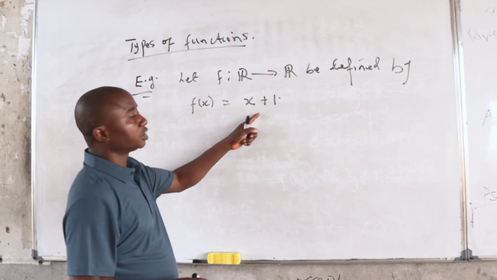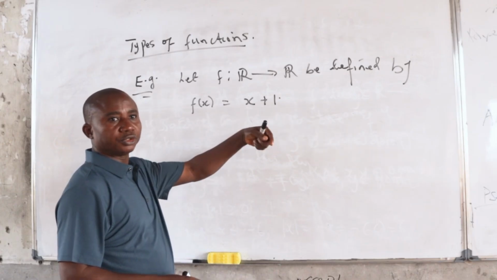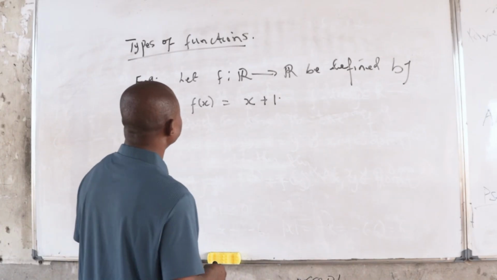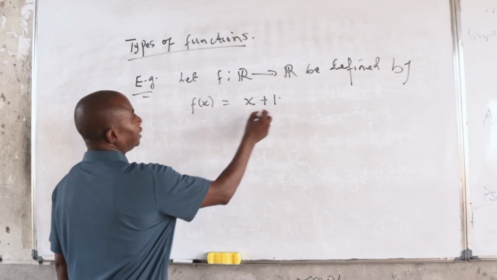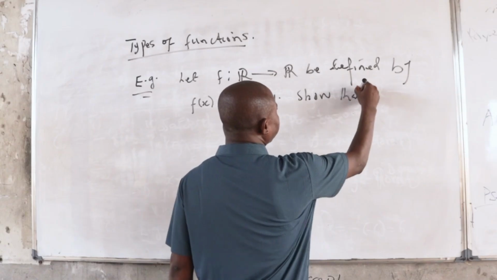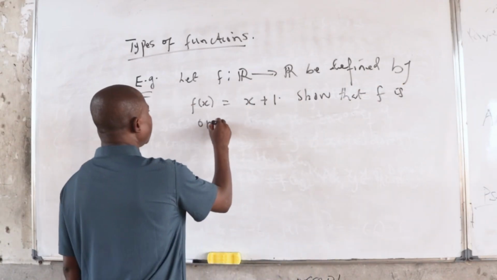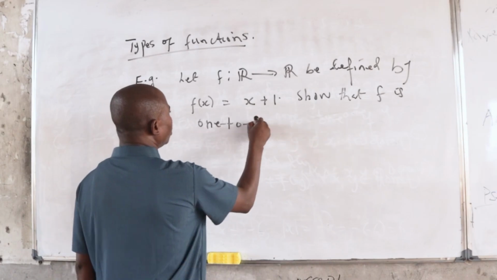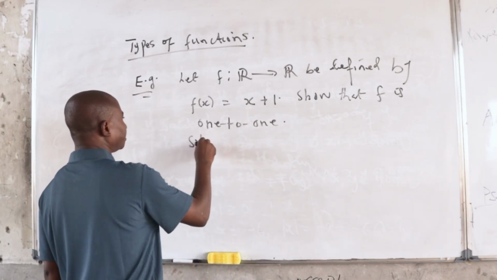So what this function does is, for any value given, it adds 1 to it to produce its image. Now suppose we want to show that f is one-to-one. That's the question.